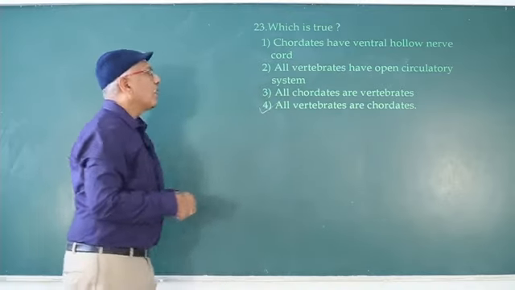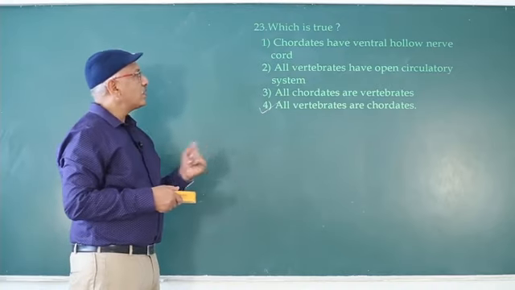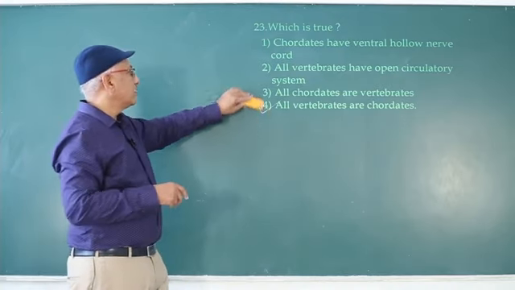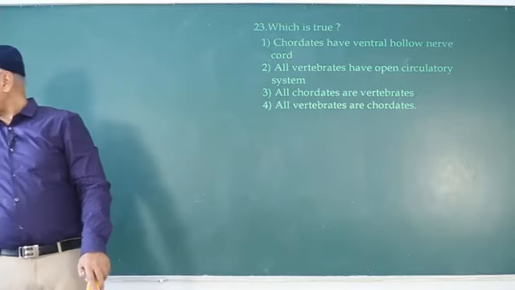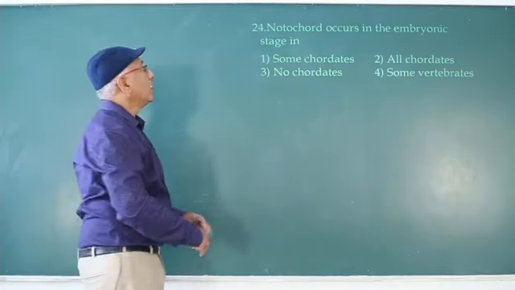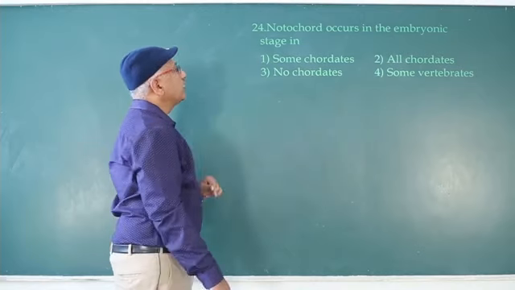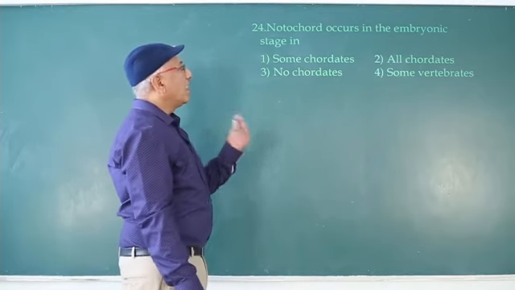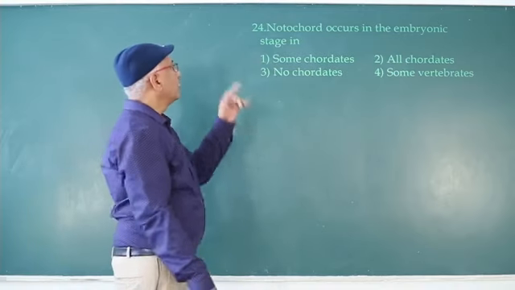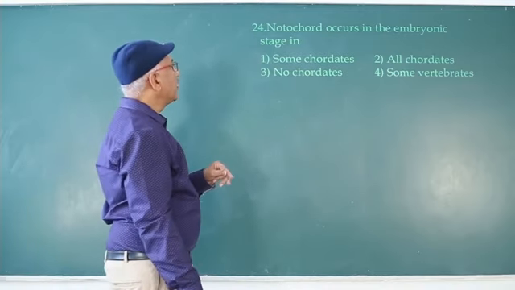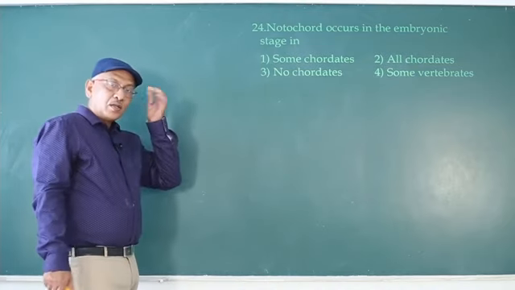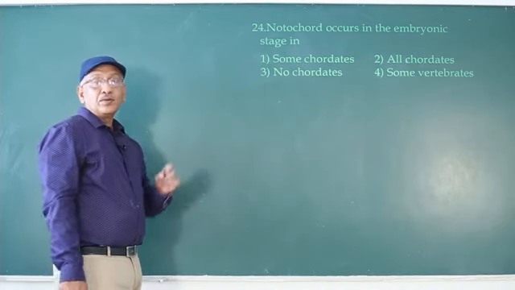Correct. So answer is all vertebrates are chordates. Notochord occurs in the embryonic stage in some chordates. Some chordates, that is in Urochordata.